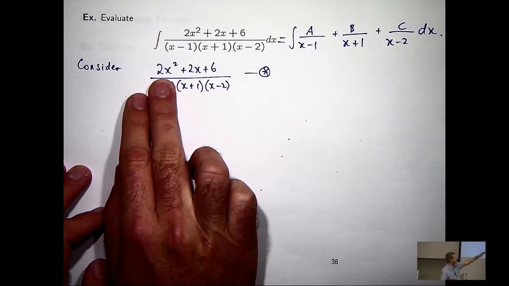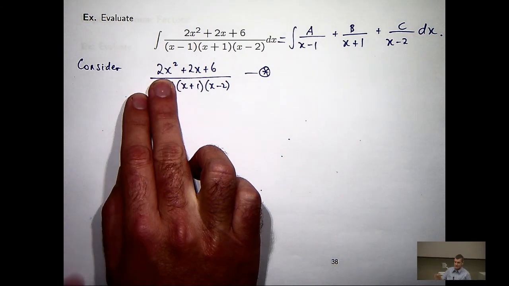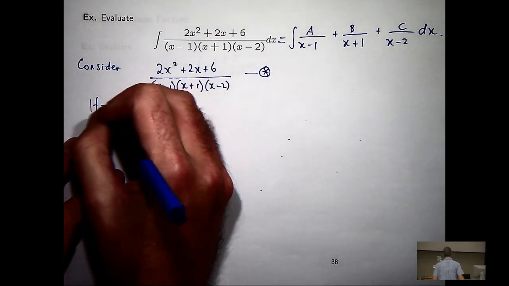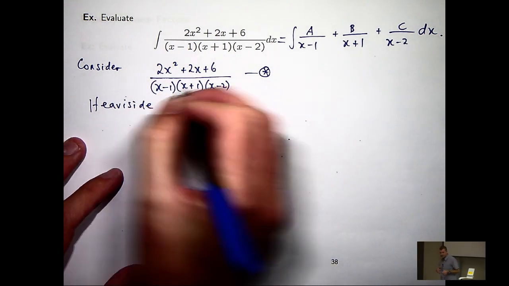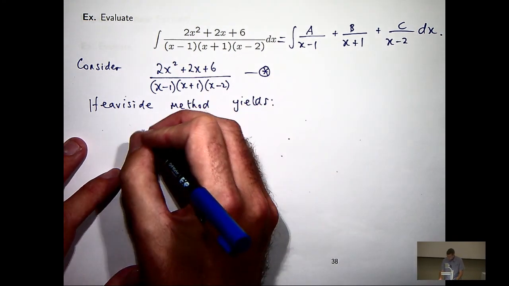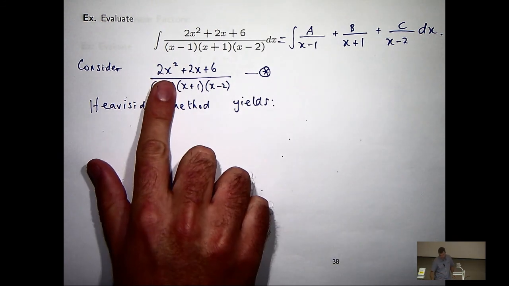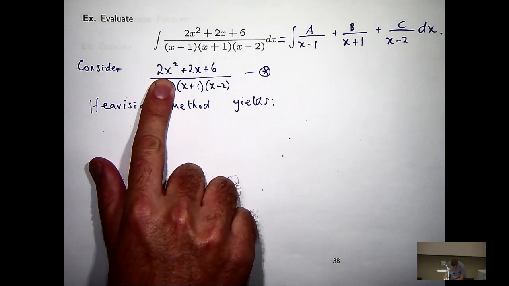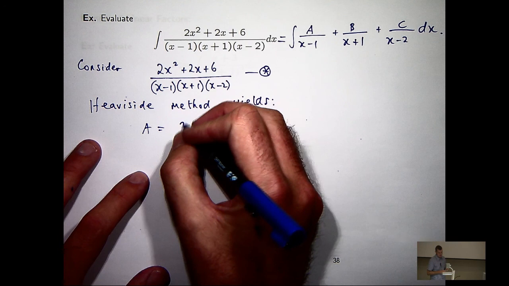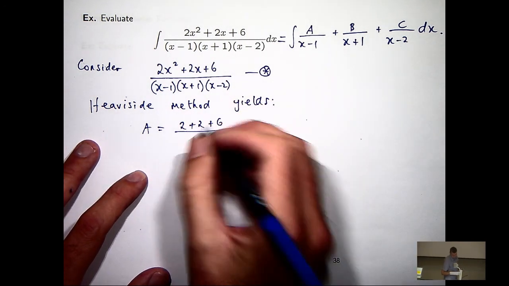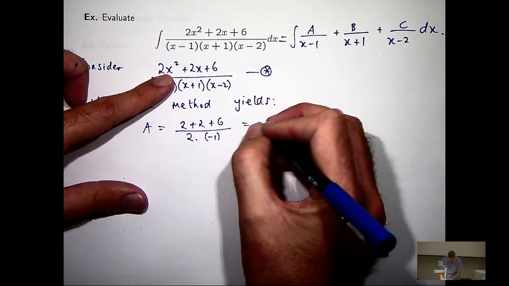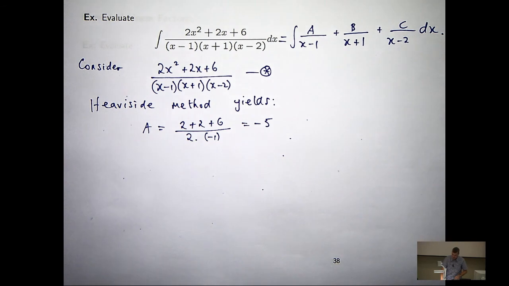So you cover up x minus 1 and you substitute in x equals positive 1. A is going to be what's remaining here with x equals positive 1. All right, simple.